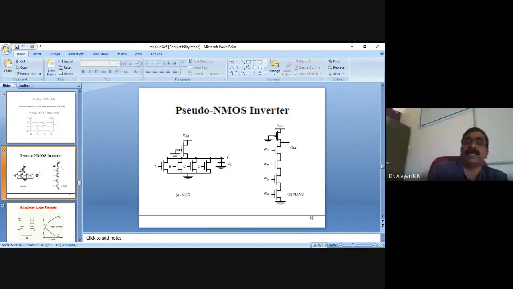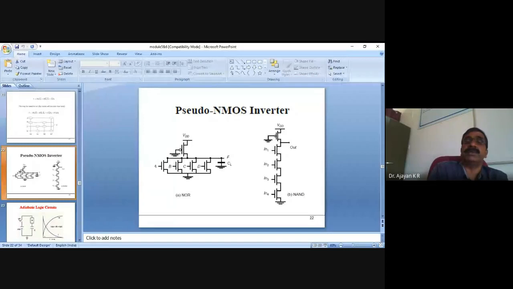Always on means it will always try to charge the capacitor. And what is the condition of the PMOS? We have to take VGS and VDS. VDS is equal to Vout minus VDD, and Vout minus VDD is always less than VGS minus VT, that is VDD minus VT.